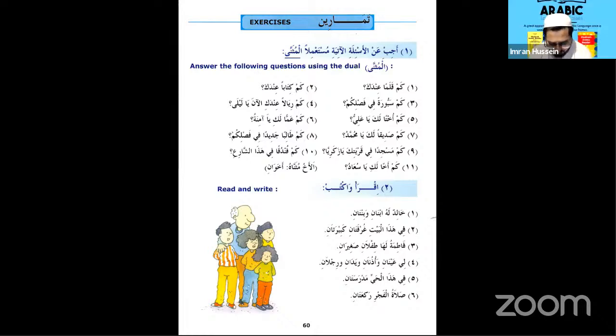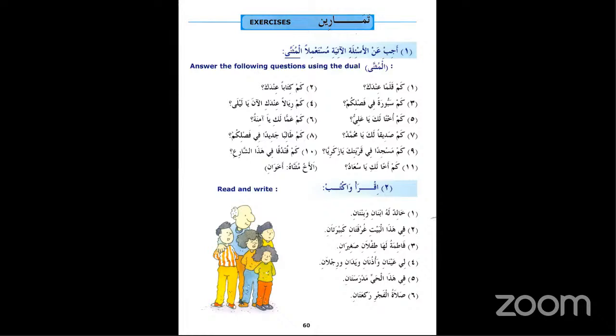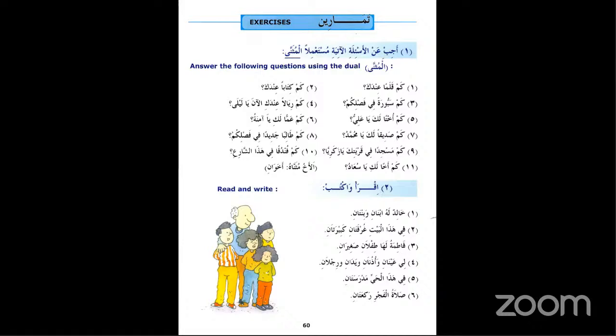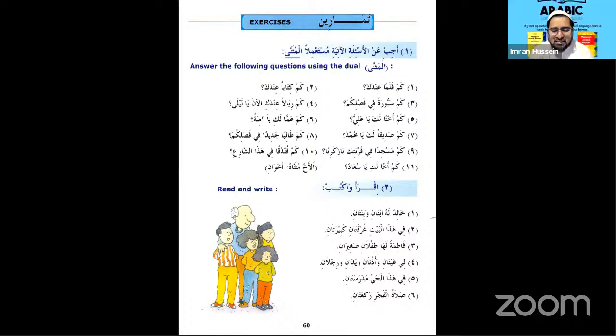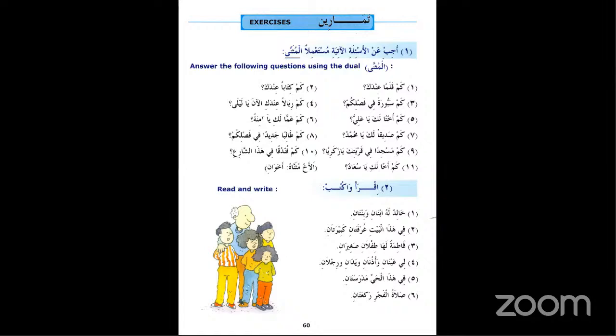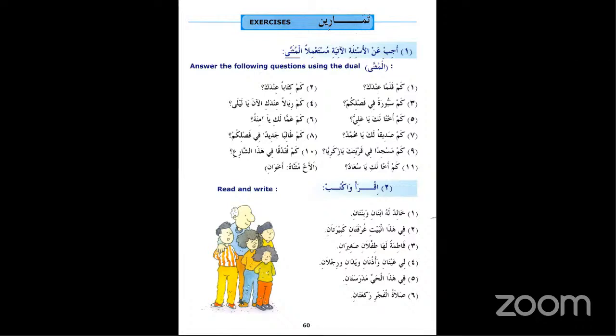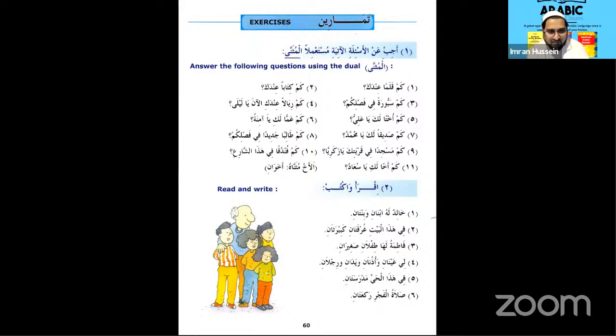Ainani is 2 eyes, uzunani is 2 ears, yadani is 2 hands, and rijlani is 2 legs.